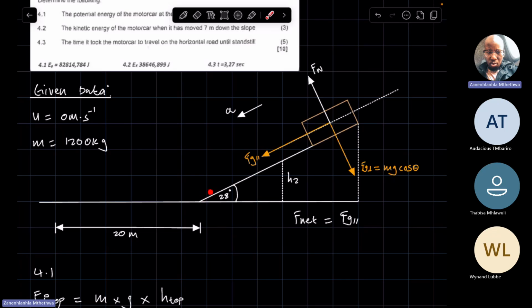The final velocity at the bottom of the slope is equal to the initial velocity at the beginning of the horizontal road. Are we in agreement there? Yes, sir. Right. So in order to get the initial velocity on the horizontal road, we need to calculate the velocity or final velocity at the bottom of the slope.